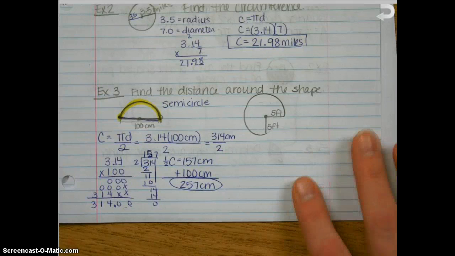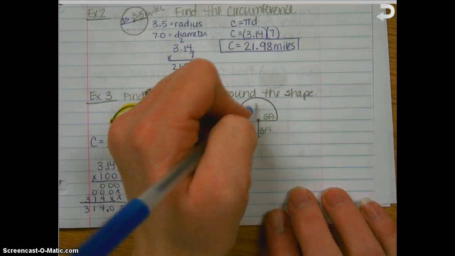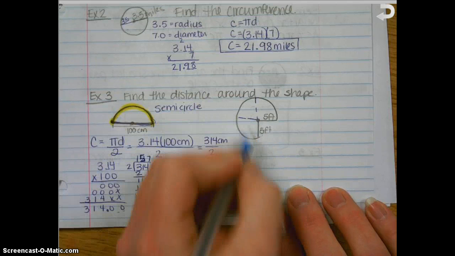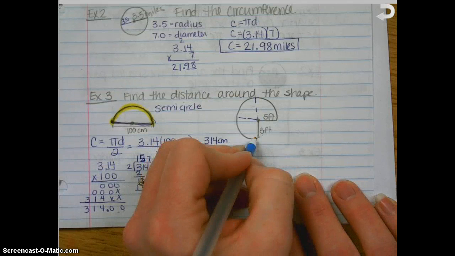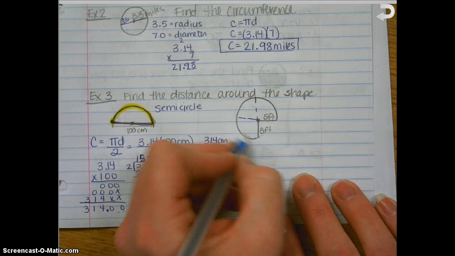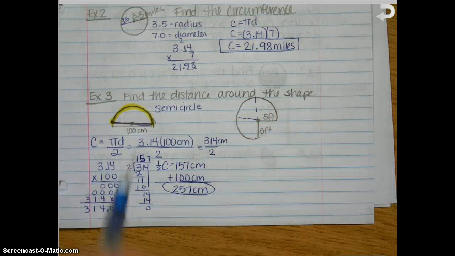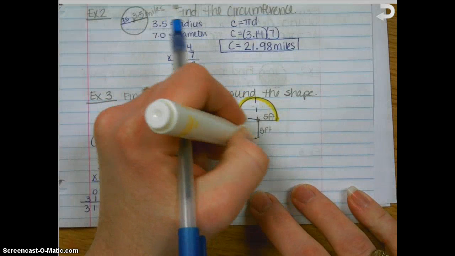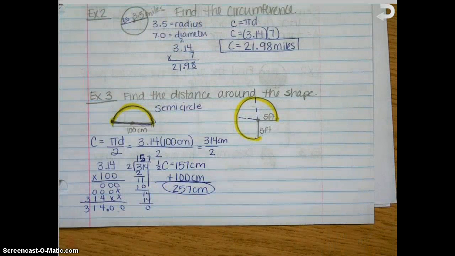Okay, let's do this other one. This one's like a 3/4. So basically I need to find 3/4 of the circumference. So if I started from here and went all the way there, that would be 3/4 of the circumference.